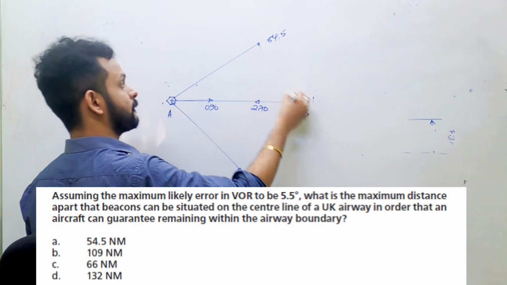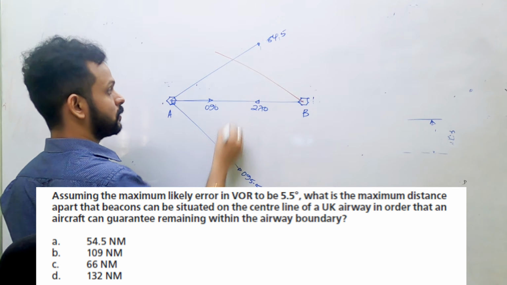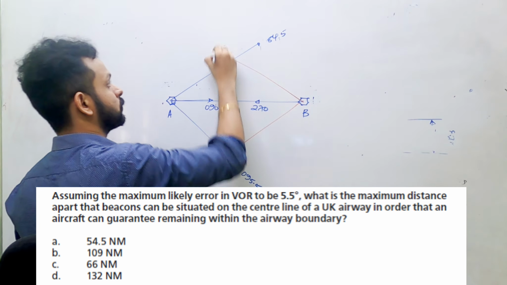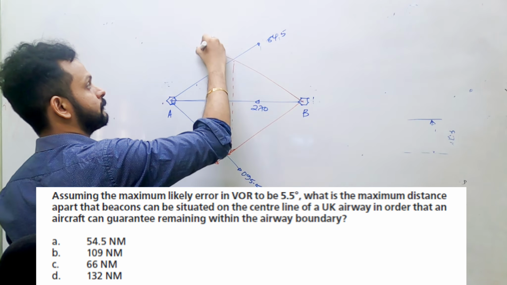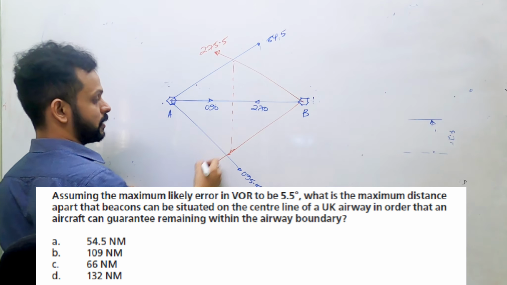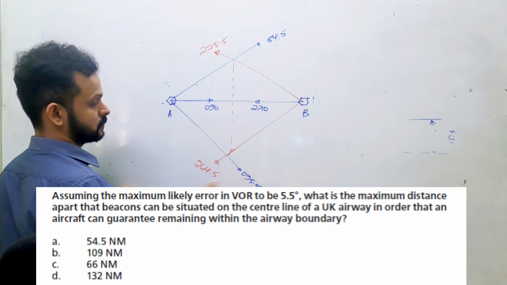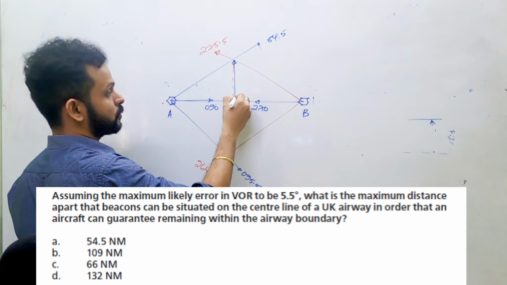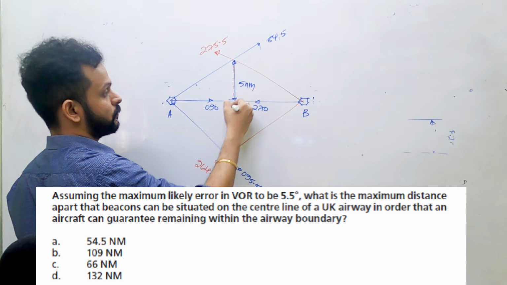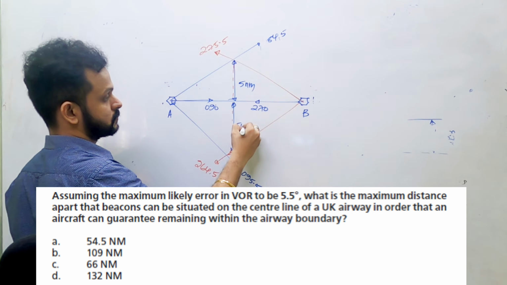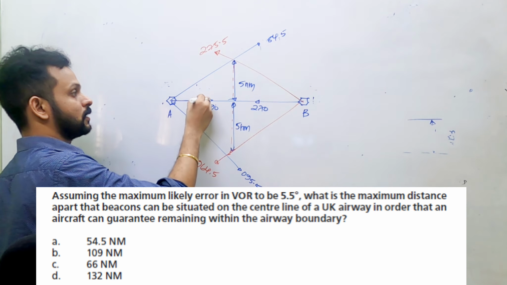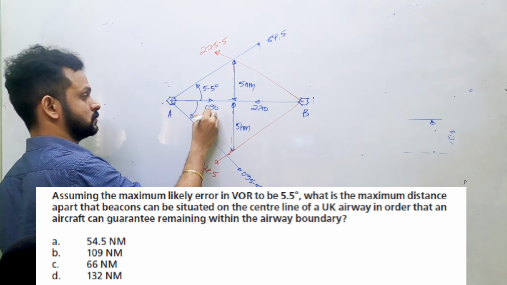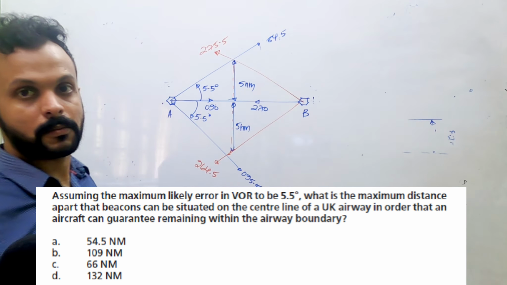What about the other one? This is 275.5 and this is 264.5. What is this width? The ICAO requirement is 5 nautical miles, right? So what is the angle? This angle is 5.5 degrees. Understood?